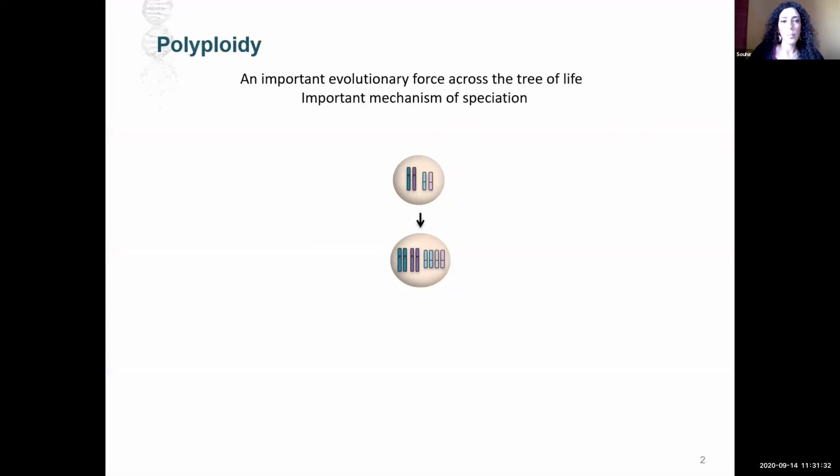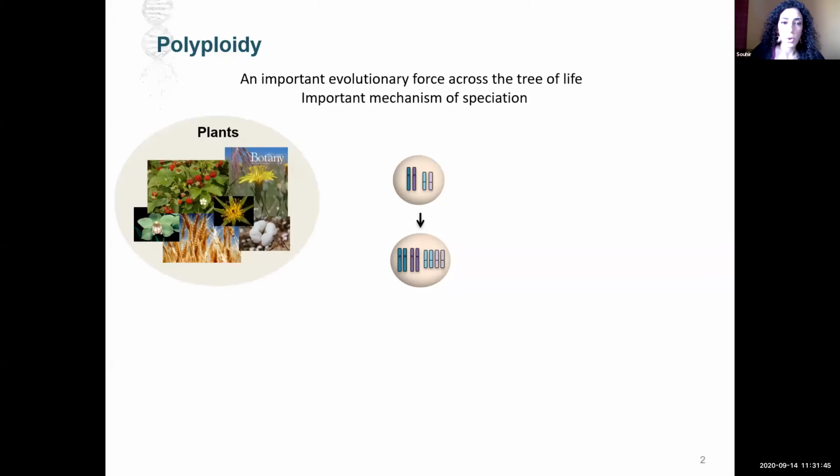As you know, polyploidy, or whole genome duplication, is an important evolutionary force across the tree of life. It is an important mechanism of speciation and generally leads to increased biodiversity. Whole genome duplication is extensively present in plants, where it is a common mechanism of speciation.